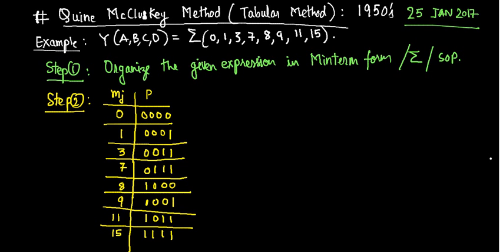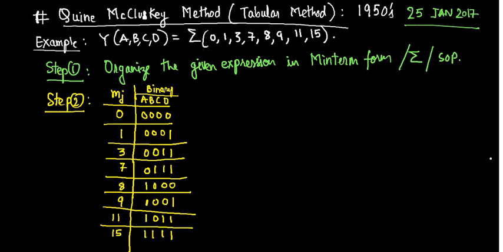This is binary, ABCD. Alright. Once you do that, is that okay?